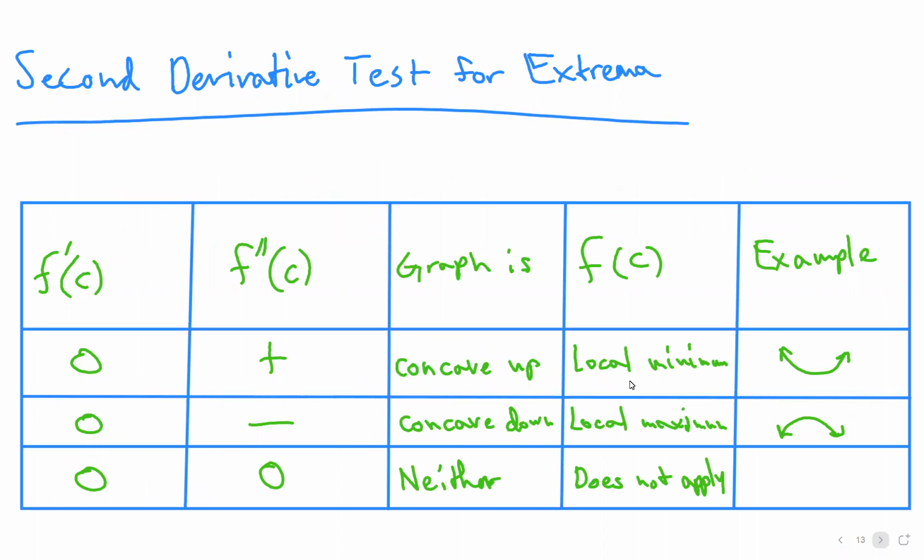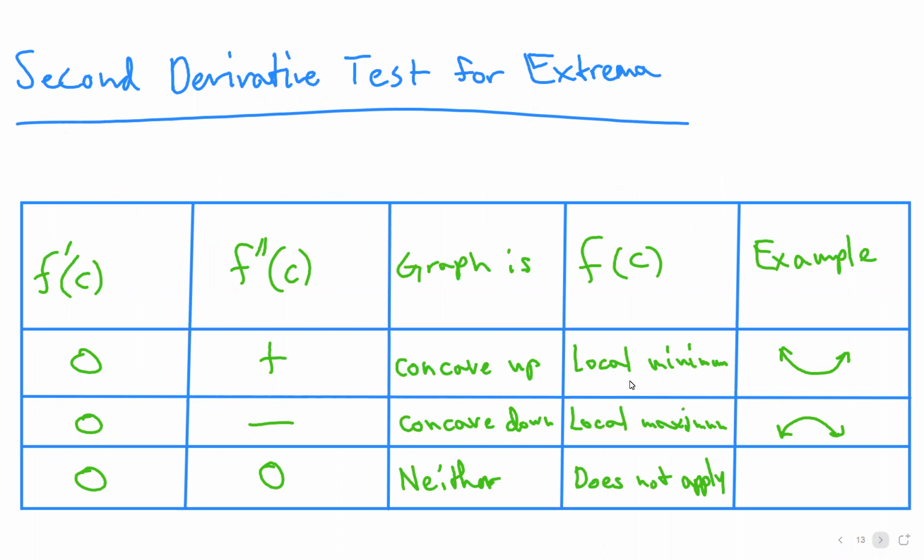Let's take a look at the second derivative test for extrema. In all of these cases, we're going to have f prime of c equal to 0. We can look at examples where f double prime of c is positive. This means that the graph is concave up.